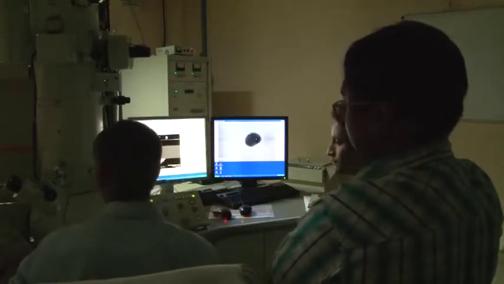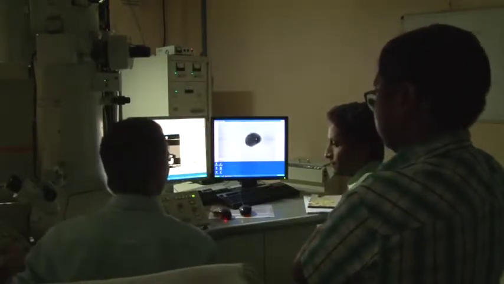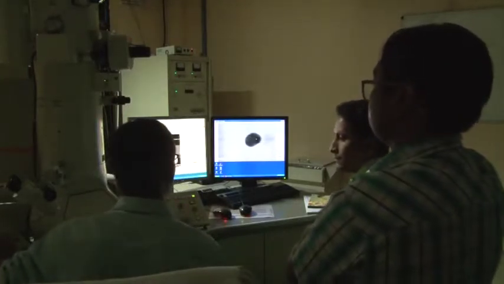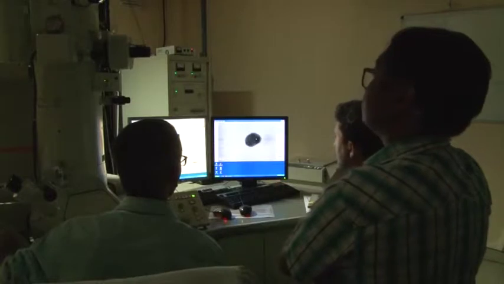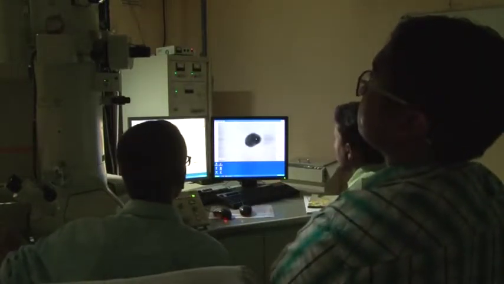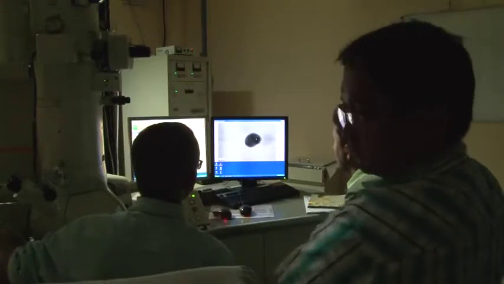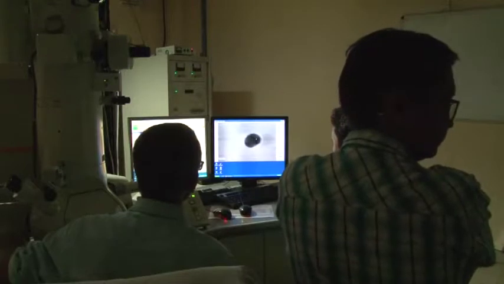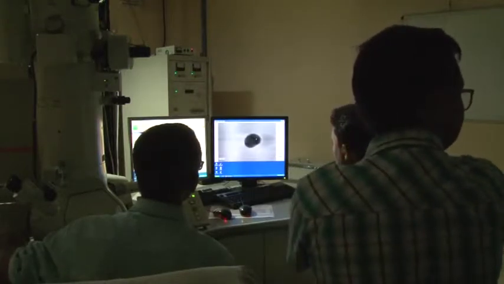Right now I believe I am under focus, that's why I am seeing the bright fringe. If I now go towards the right, increasing the current, first of all these white fringes should disappear.